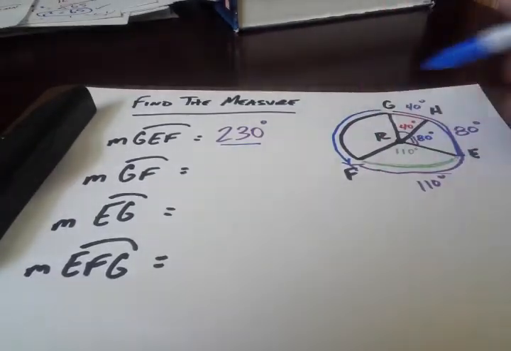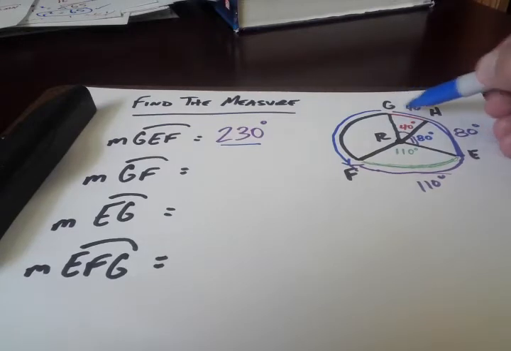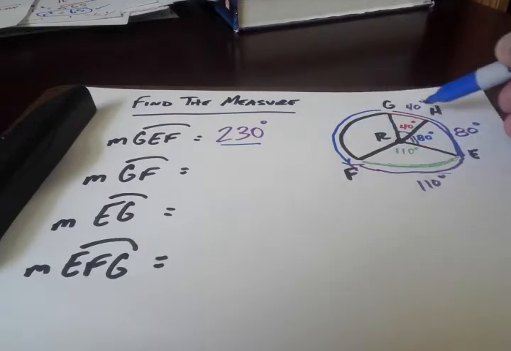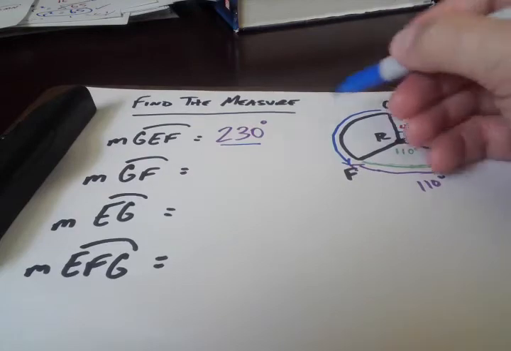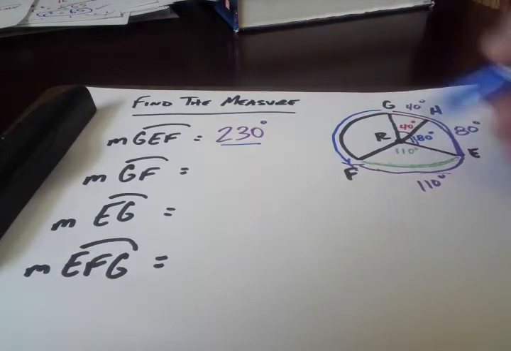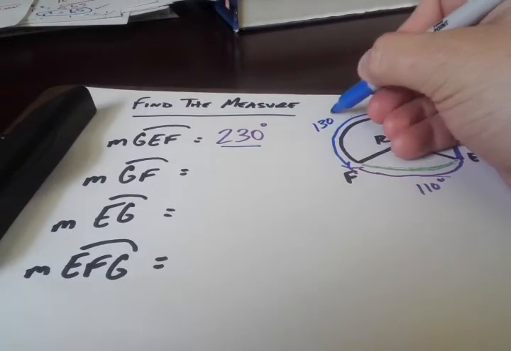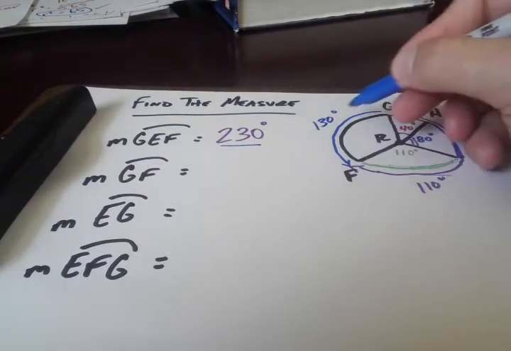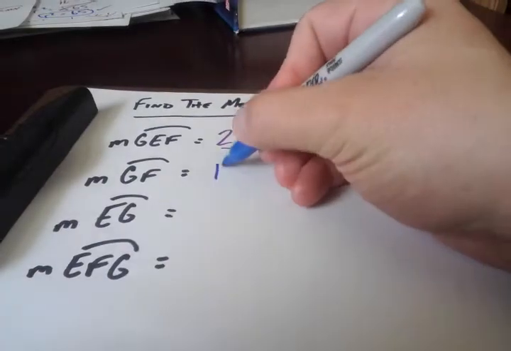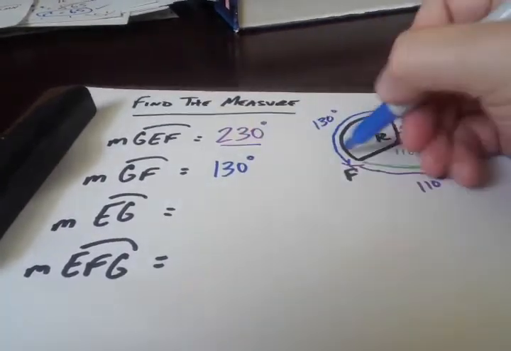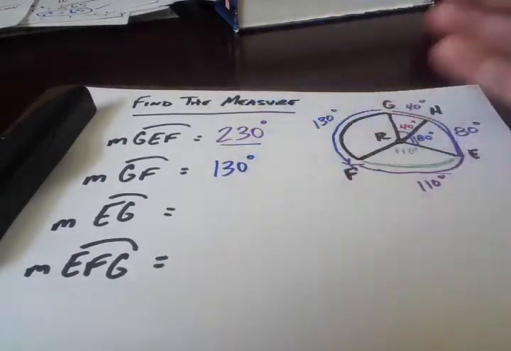We know the whole circle is 360. So if we say 360 minus 230, it has to give us what GF is, right? Because that's the rest of the circle. So 360 minus 230 should give us 130. So arc GF is 130, right? Because this part plus that part is 360.